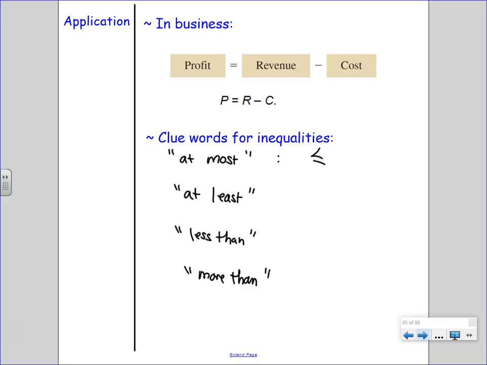Our brain just does the wrong thing. At least is greater than or equal to. These are the two trickiest, I think.